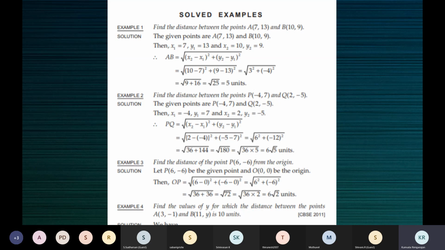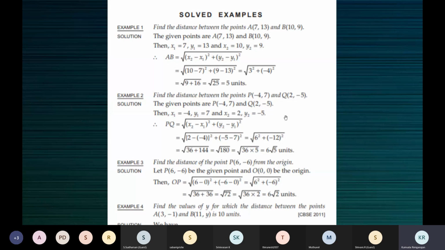If it is exactly 5 units, exactly 5.1, exactly 10.3, that can be got using a scale. But values like 6√5 or 6√2 units, this you cannot get using a scale.